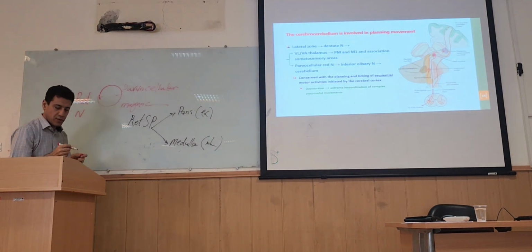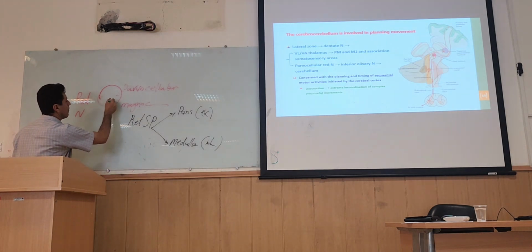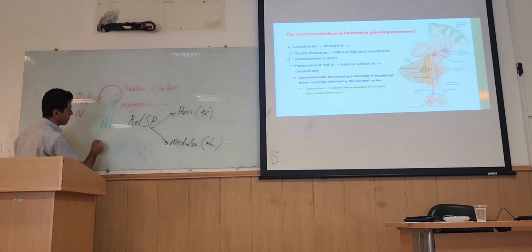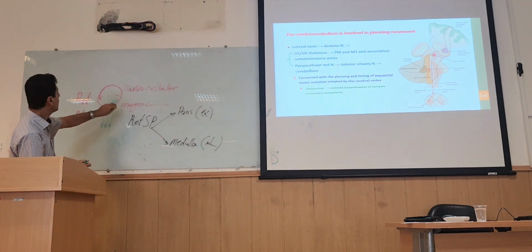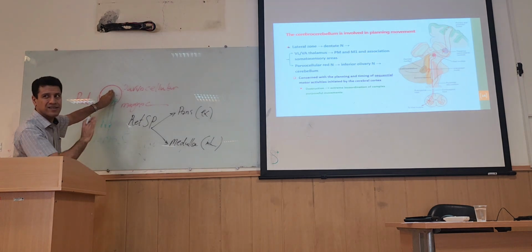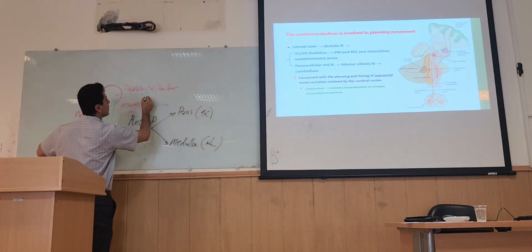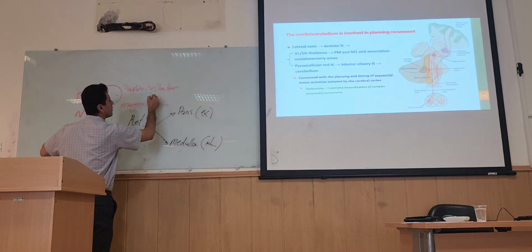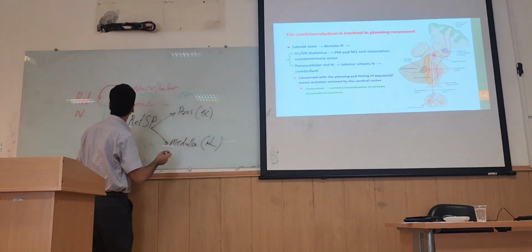The magnocellular part is the origin of the rubrospinal tract. But the parvocellular part is not the origin of any tract. So it goes to the olivary nucleus, and from here they go to the cerebellum.